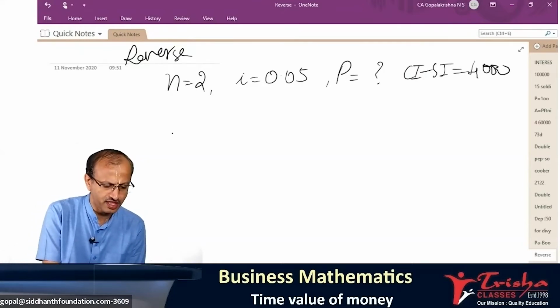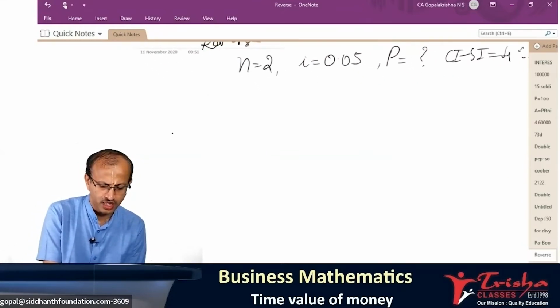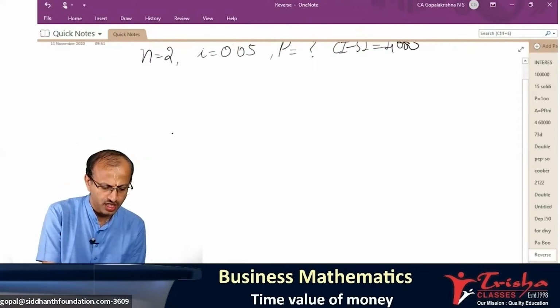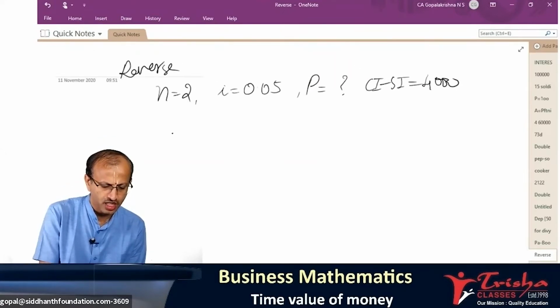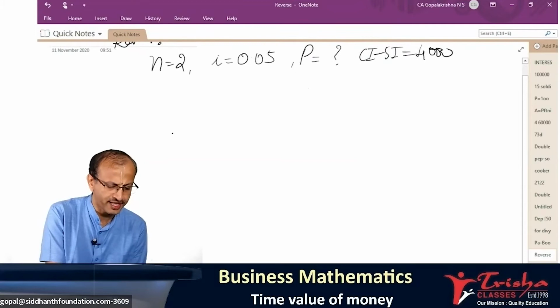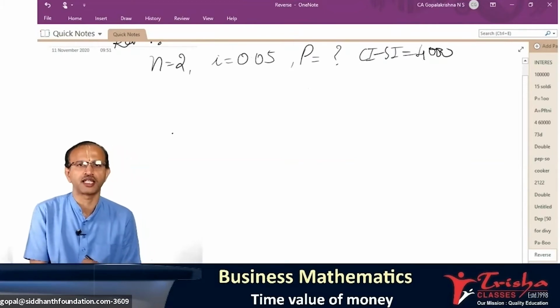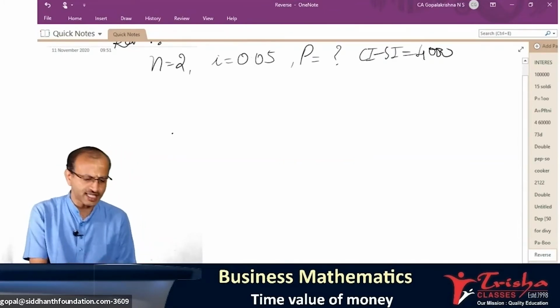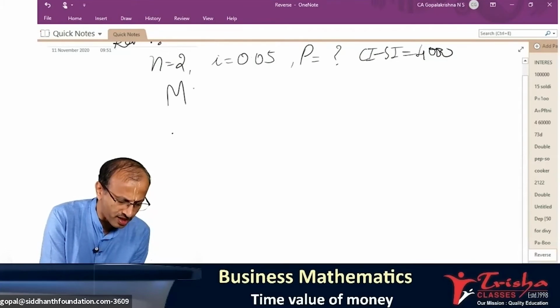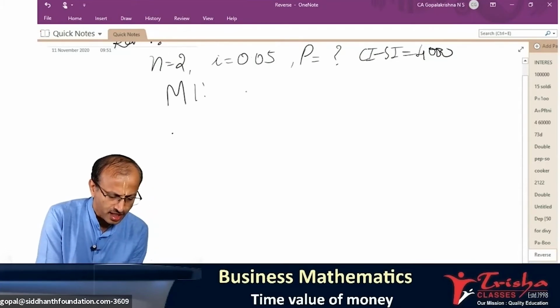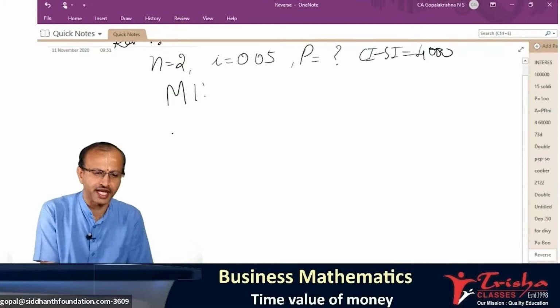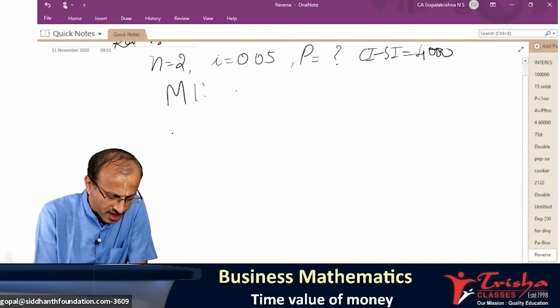I'll start working this way. I will just go with the method; the techniques I will show later. So I'll take method 1. I'll solve algebraically. You know the Si formula, P n i.